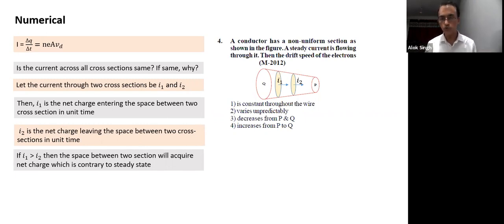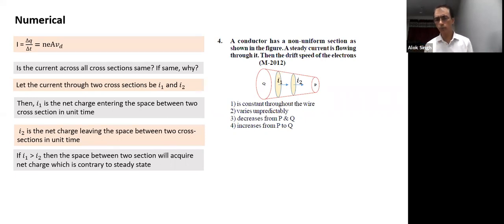More charge enters, less charge leaves. That would imply accumulation of charge within the space bound by the two cross sections, which is contrary to steady state. In steady state, things are not changing with time. If charge accumulates, it will create its own field and upset everything; all parameters will change.